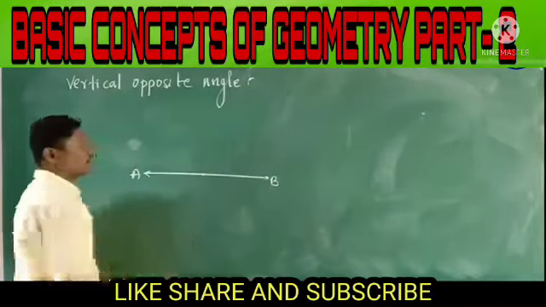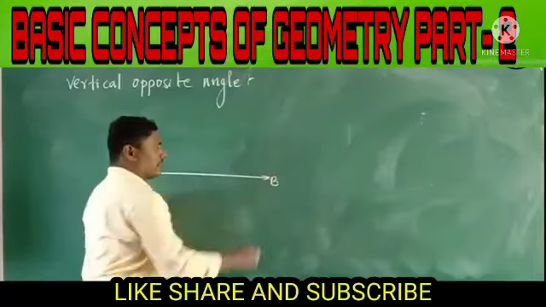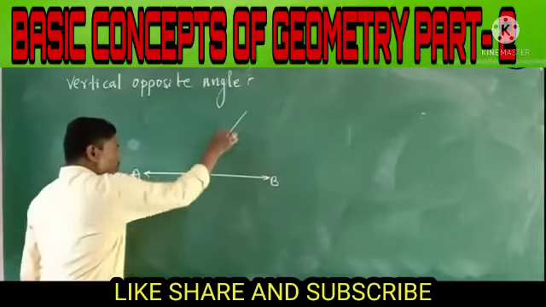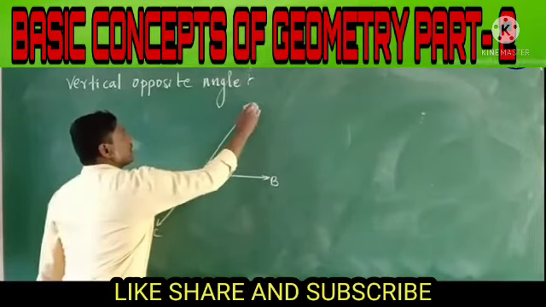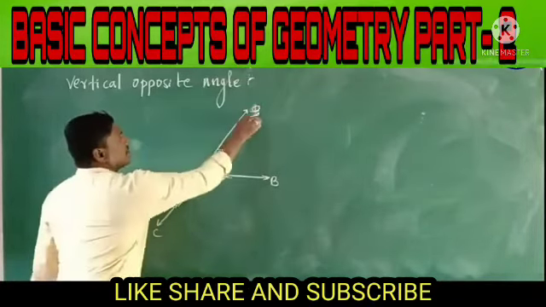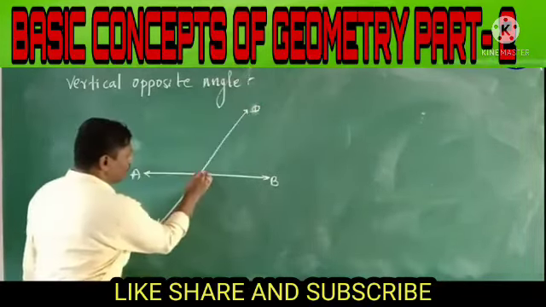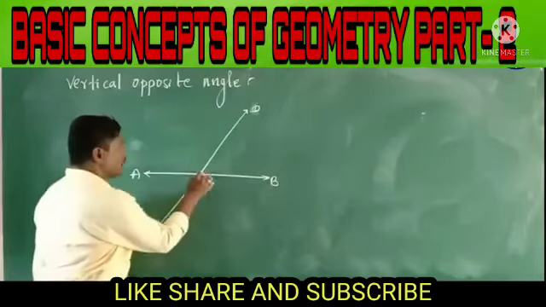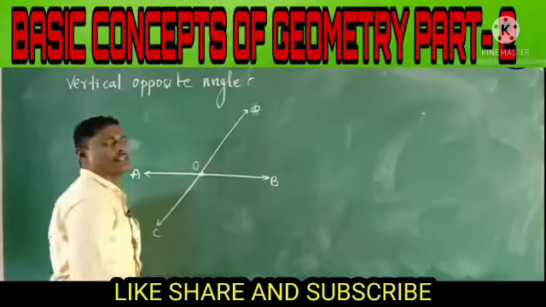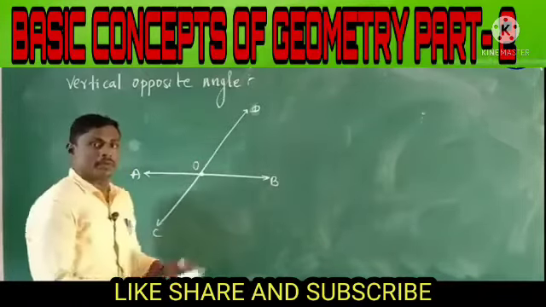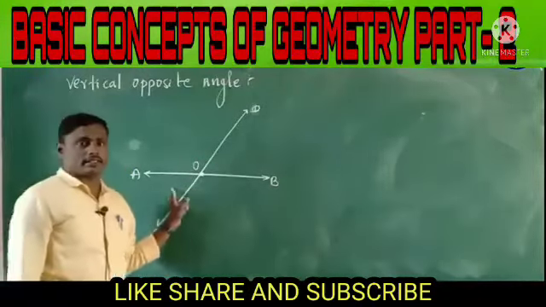AB is the line. Take one more line. CD is the second line. These two lines intersect or meet at one common point. That point is considered as O. This we already discussed, right?